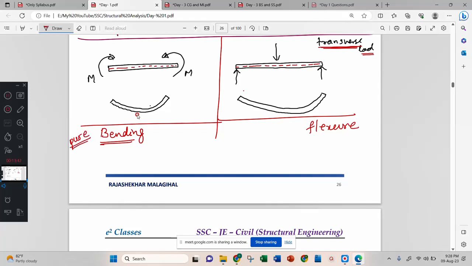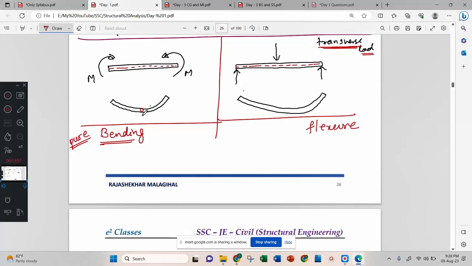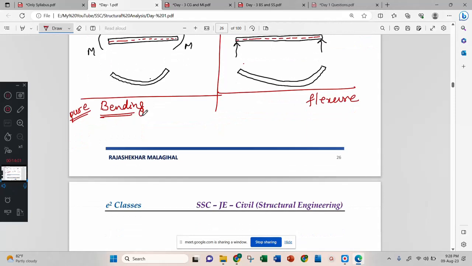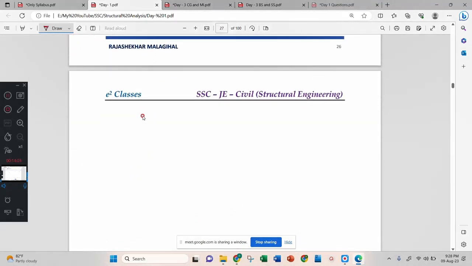Why is it called pure bending? Any idea? Okay, don't worry, I will explain. Now look here. Let us consider a cantilever subjected to moment at one end.